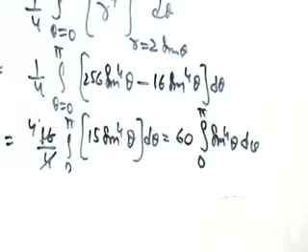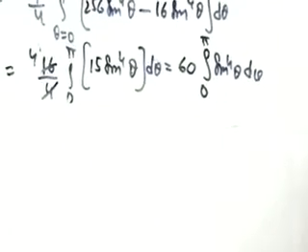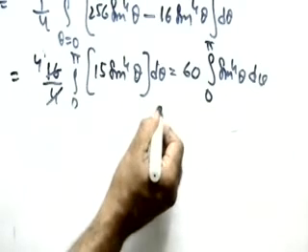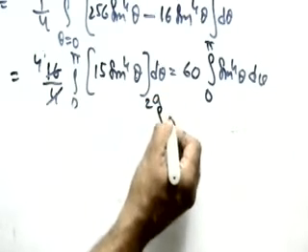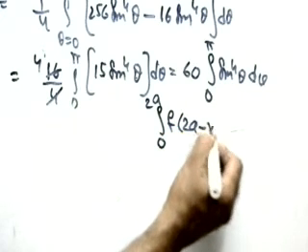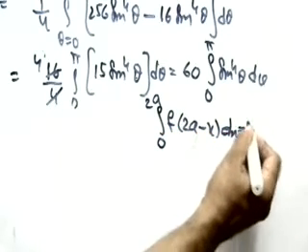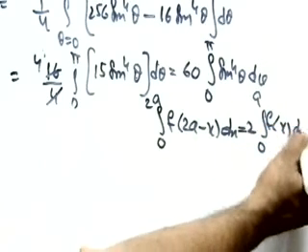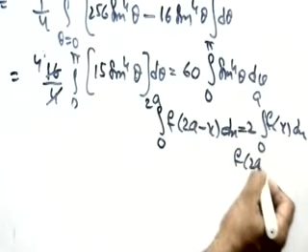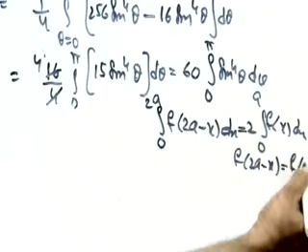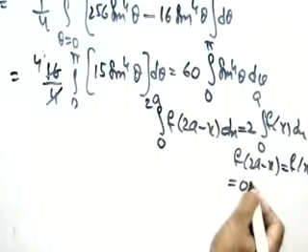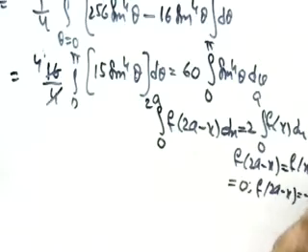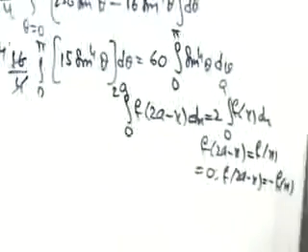Now I will explain this method. These are the basics of intermediate class 12th definite integrals. There is a formula: integration 0 to 2a of f of x dx equals 2 into integration 0 to a of f of x dx, if f of 2a minus x equals f of x, and the value is 0 if f of 2a minus x equals minus f of x.